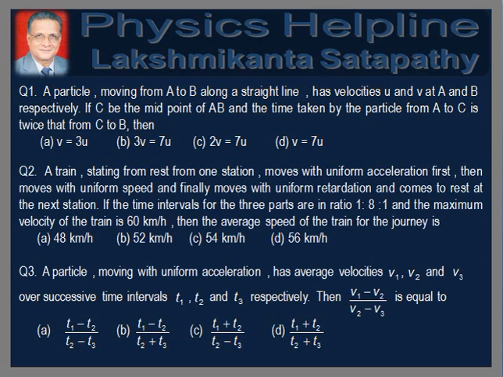Then (v1 minus v2) divided by (v2 minus v3) is, the options are (t1 minus t2) divided by (t2 minus t3), (t1 minus t2) divided by (t2 plus t3), (t1 plus t2) divided by (t2 minus t3), (t1 plus t2) divided by (t2 plus t3).